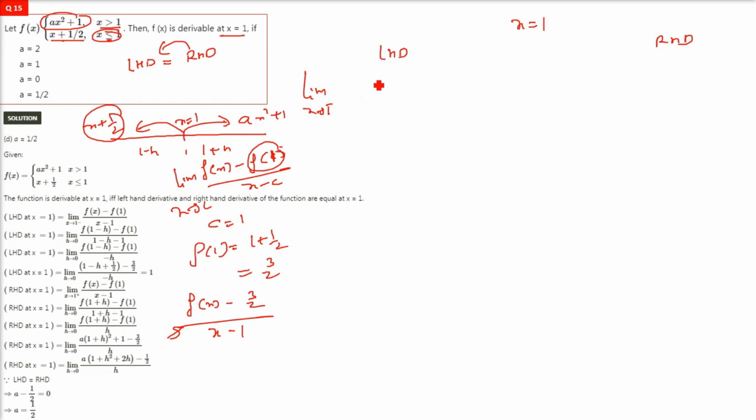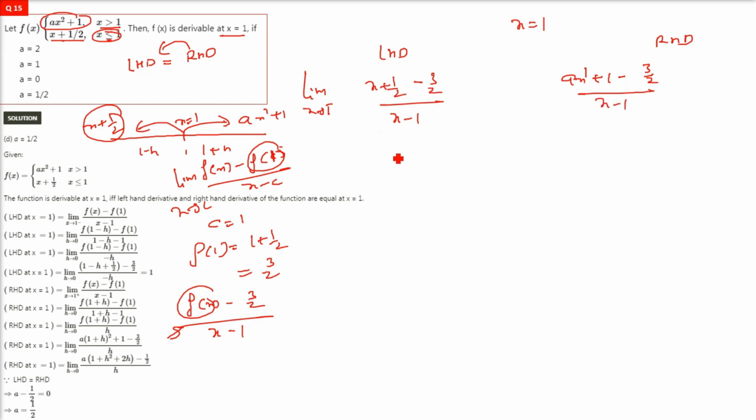This 1 minus represents you are going to the left of 1, a small bit which has to be deducted. So x plus 1 by 2 we are going to use. 3 by 2 is already there. Denominator is x minus 1. I am also writing the right hand derivative, but I'll take it in a short while. So ax square plus 1 is the function we are going to employ, and x minus 1 in the denominator.